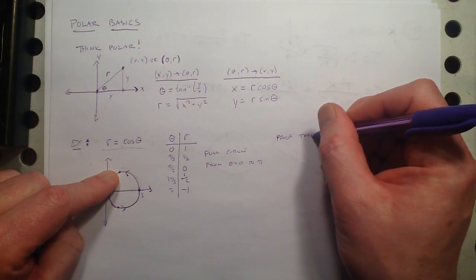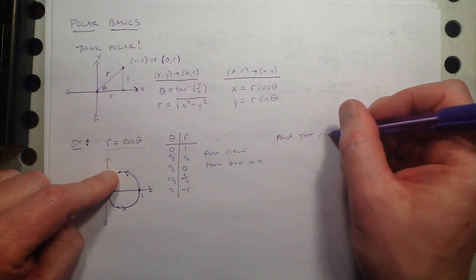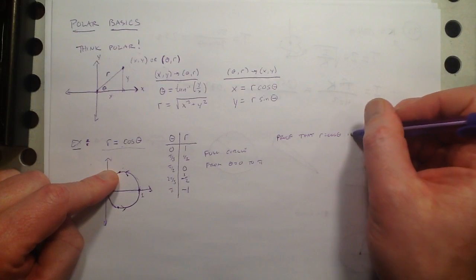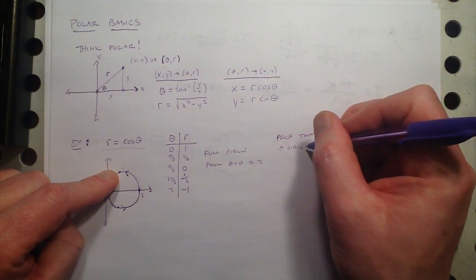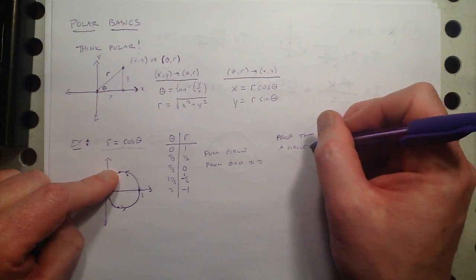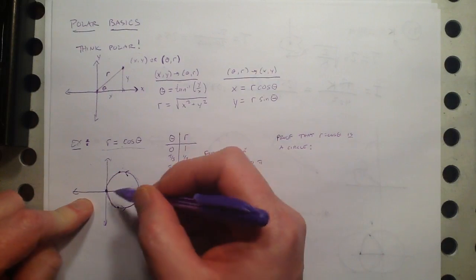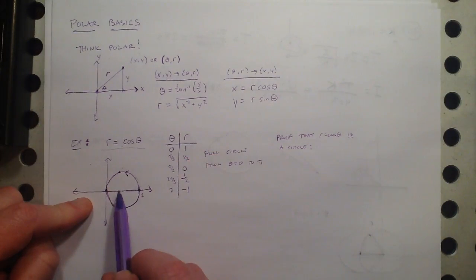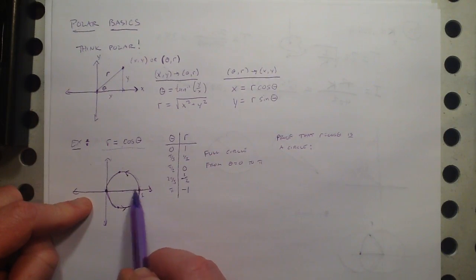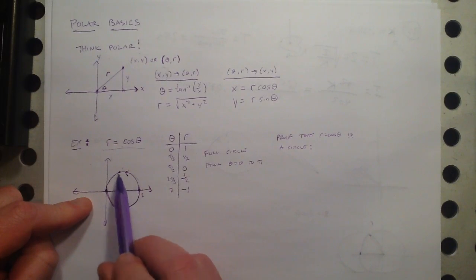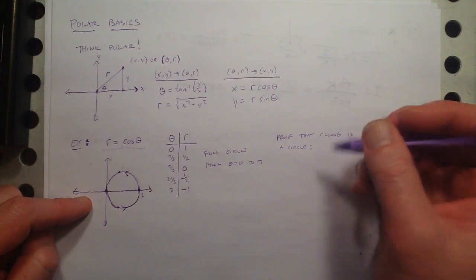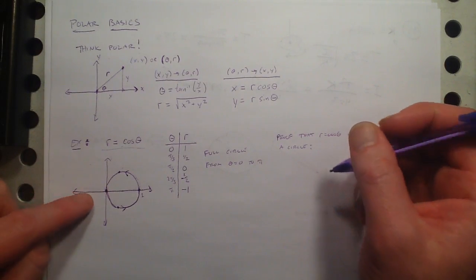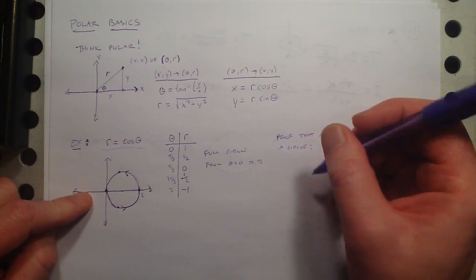Proof that r equals cosine theta is a circle. Furthermore, we could actually do some analytic geometry and say, well, it looks like the center's at 1/2 comma 0 and the radius is 1/2. So I could write that out and anticipate what I should get here. I'll leave that for you to think about, and we'll get the result here.